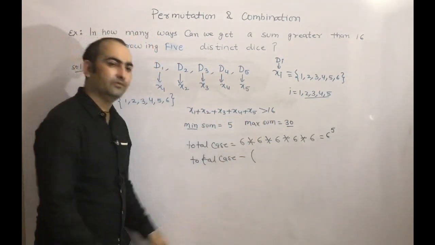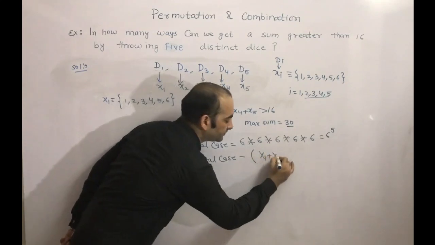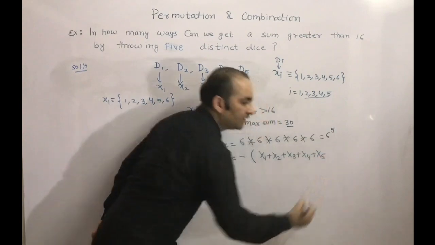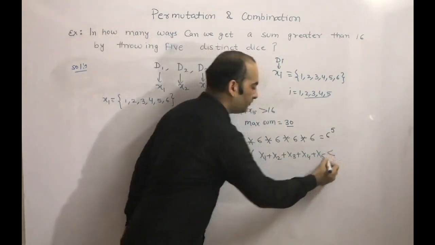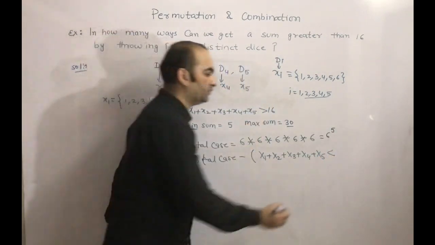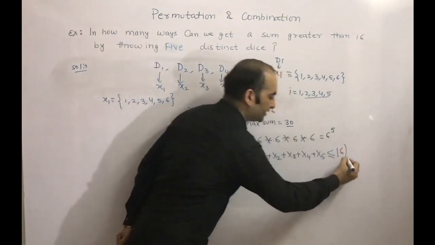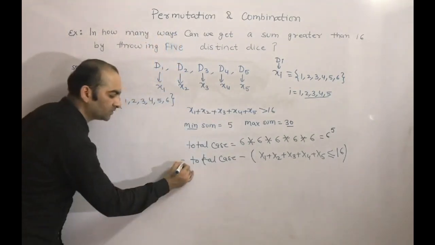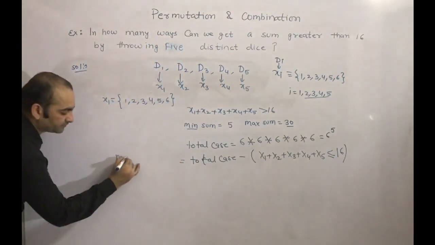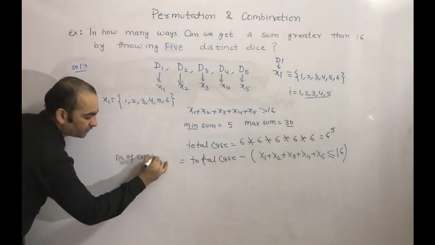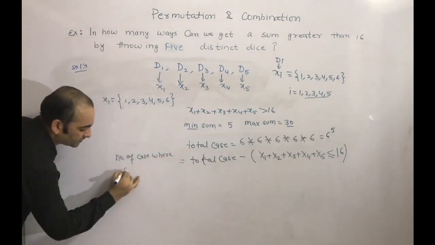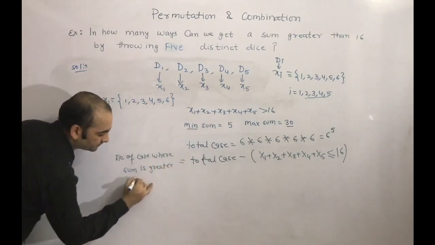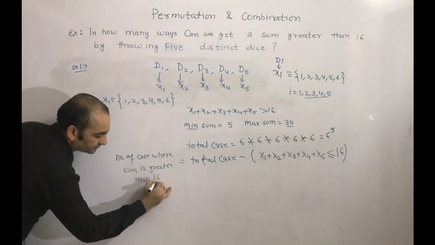So from the total cases, if you subtract this, we get the number of cases where the sum is greater than 16.